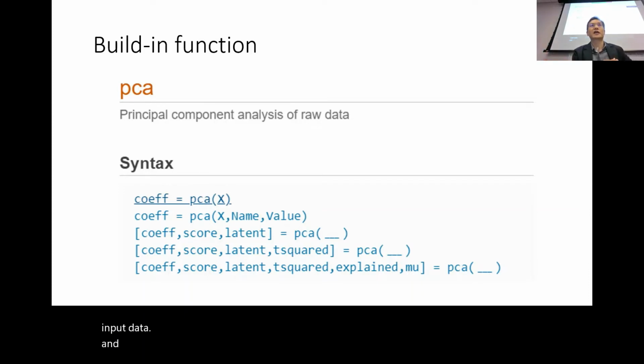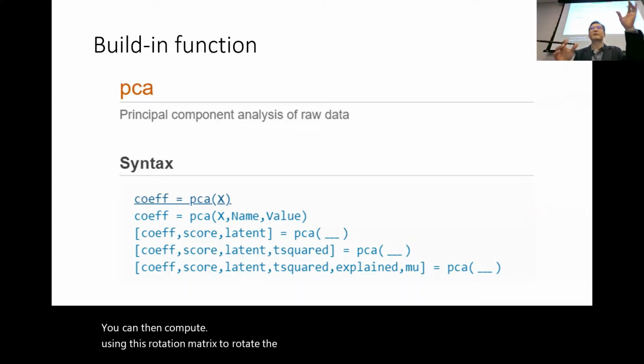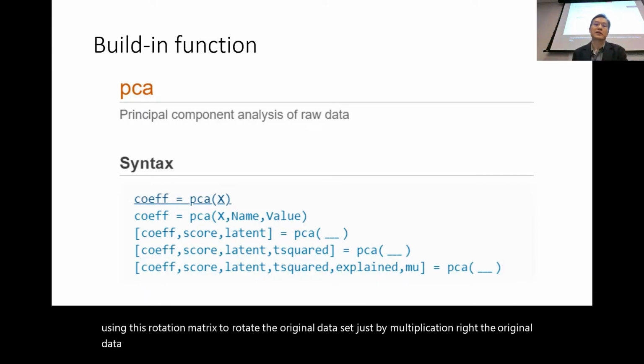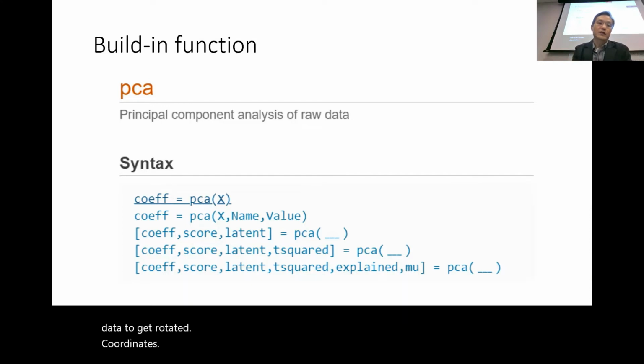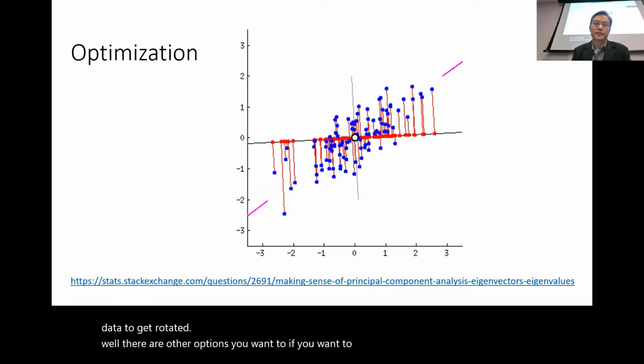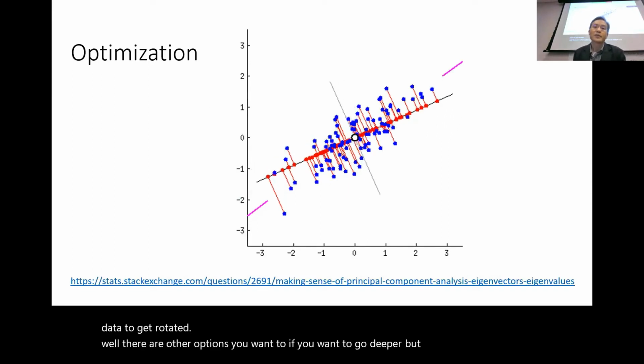And these coefficients are the rotation matrix, an n by n rotation matrix. You can then use this rotation matrix to rotate the original data just by multiplying the original data. You get the rotated coordinates. There are other options if you want to go deeper, but that's for the optimization.